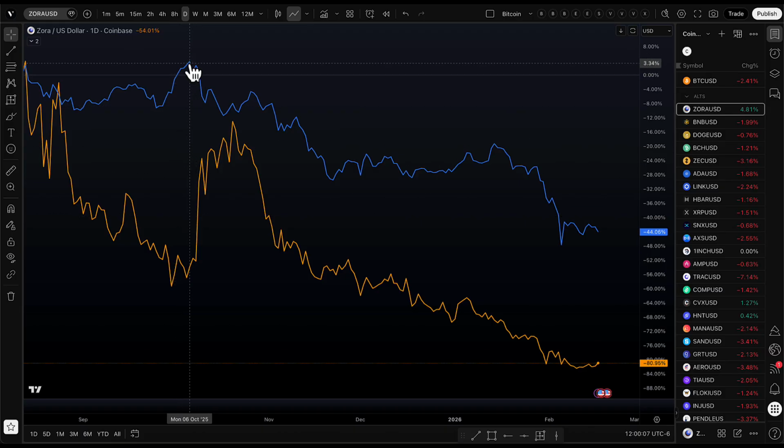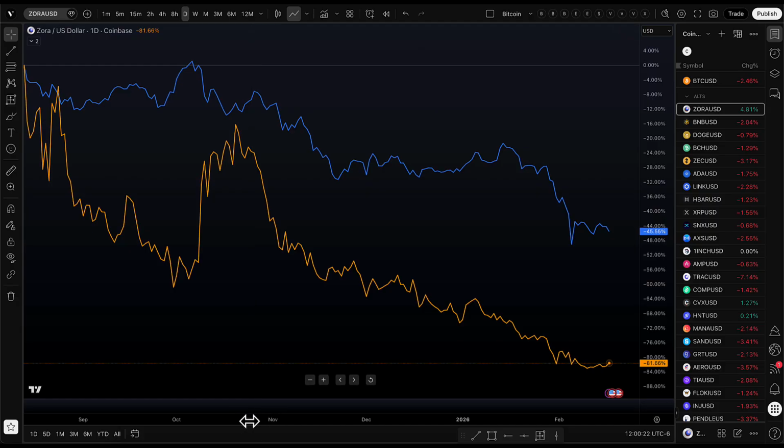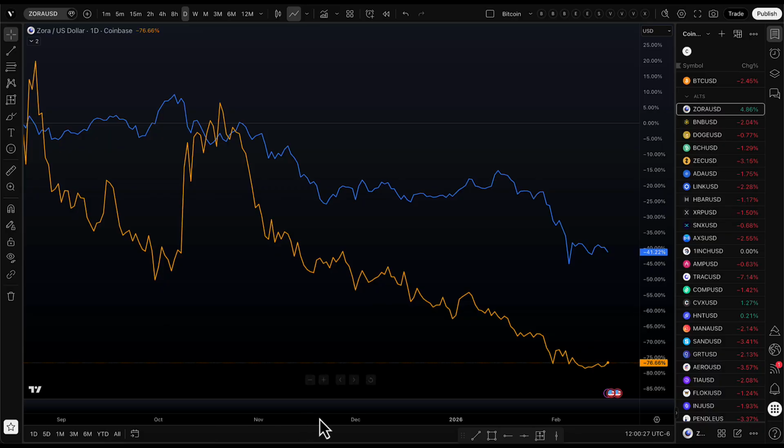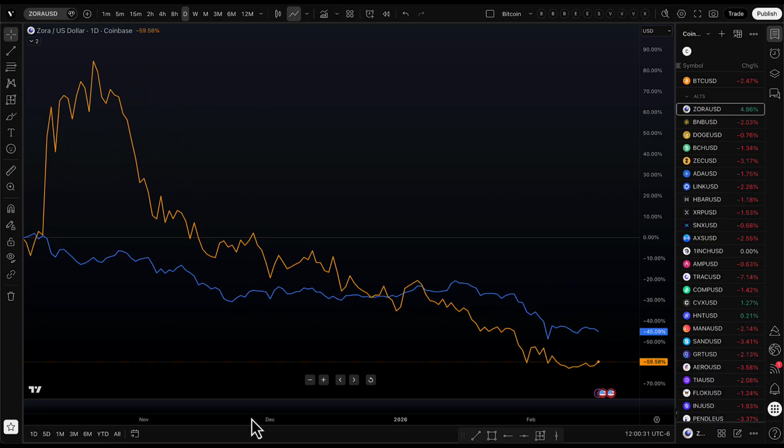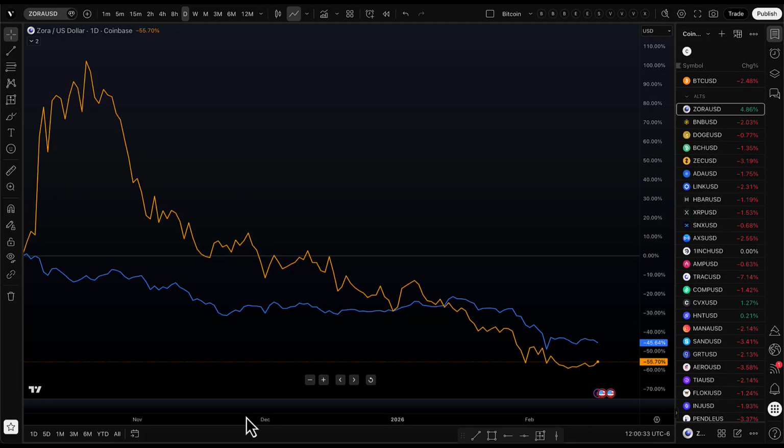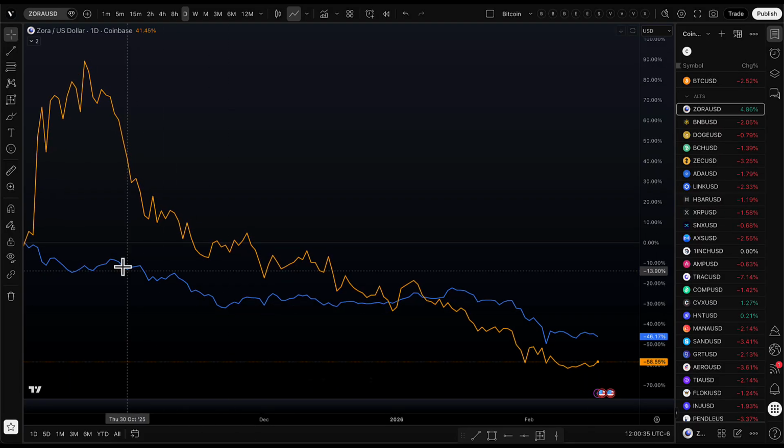We have that peak in Bitcoin, which was on October 6th before price decided to turn around. So we're going to come down to our timeline here at the bottom where you see those months, and we're just going to drag it slowly to the left until that peak is just barely at the edge of our screen right there. So we should see October 6th as the date at the very left-hand side.